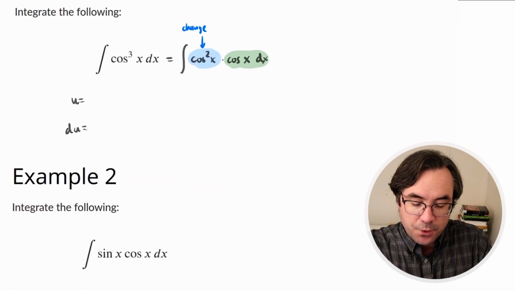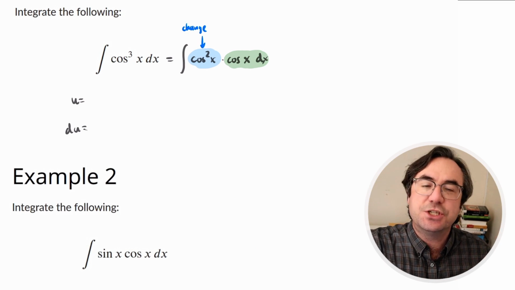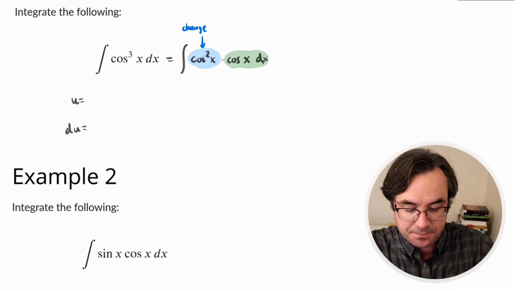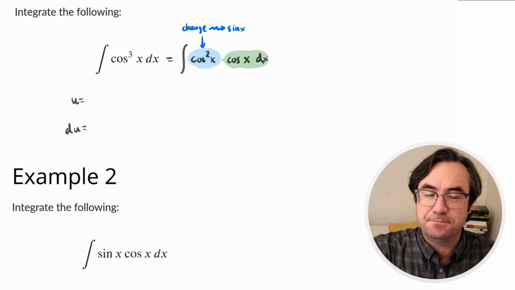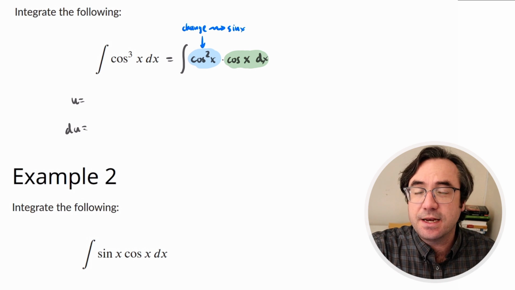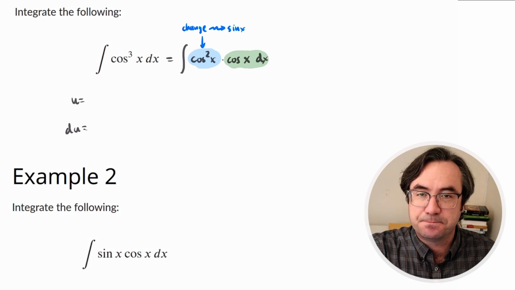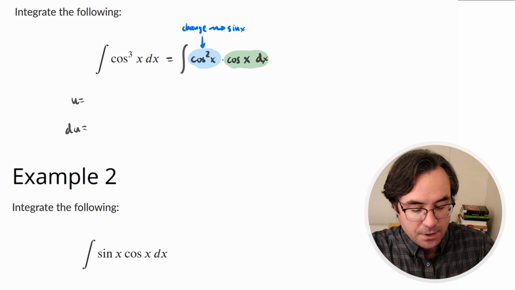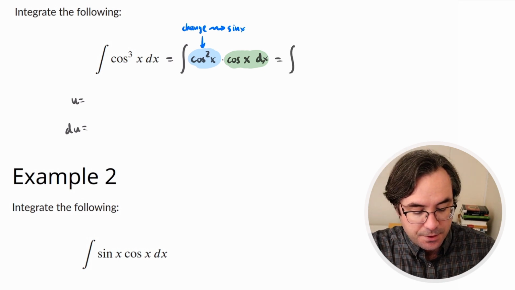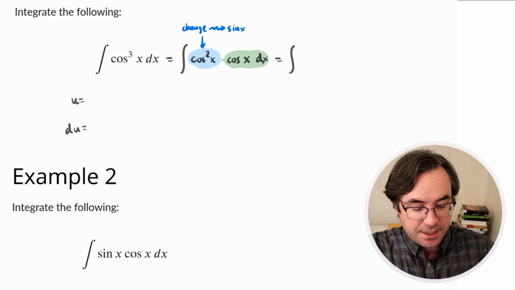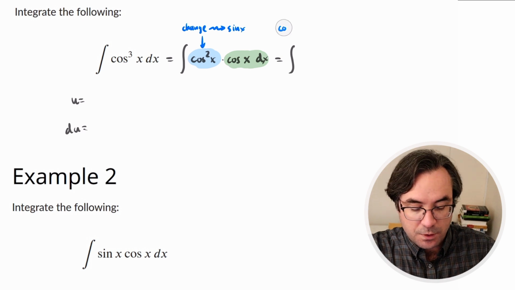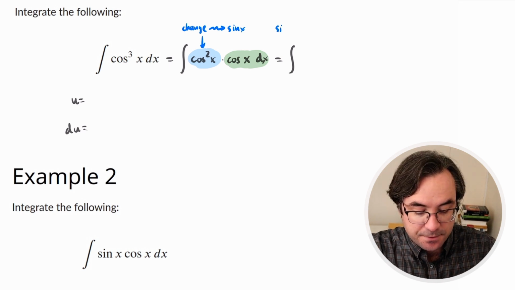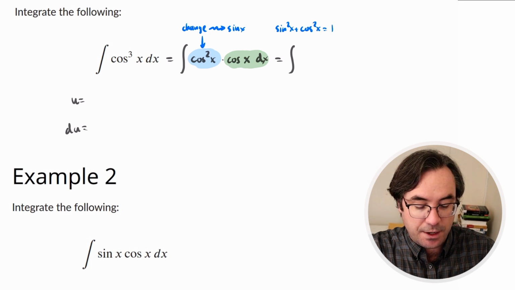So right now, we have cosine squared. We want to change that to sine. So we want to change all of those to sine. And we have that trig identity that helps us with this. So we know that sine squared x plus cosine squared x is equal to 1.